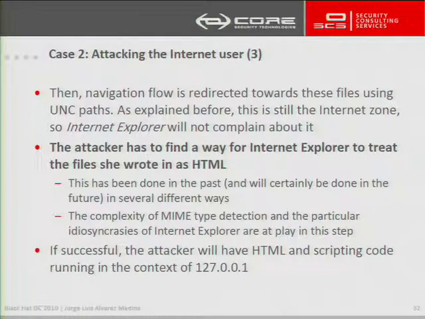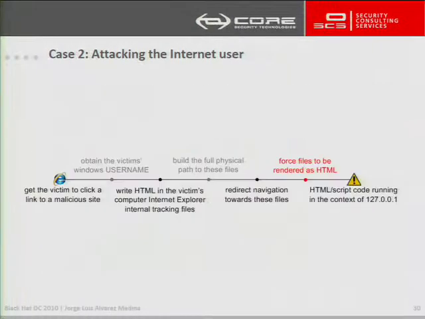At this point, the trick is to force Internet Explorer, when redirecting the navigation to these files the server wrote in, to treat those files as if they were HTML code.